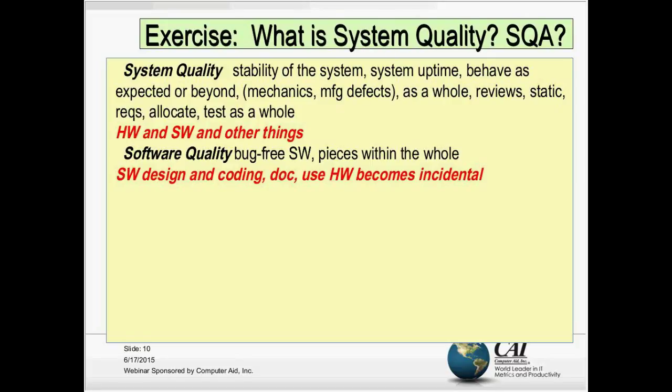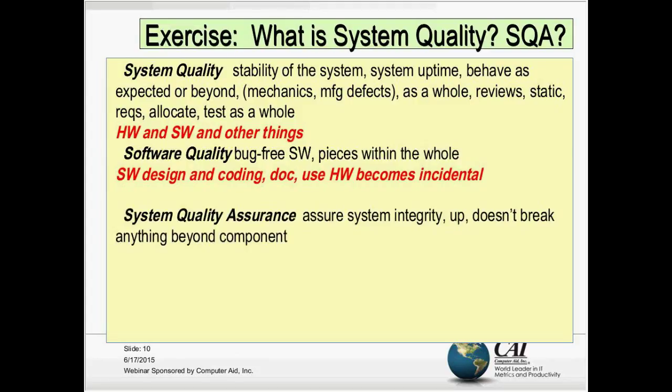Assurance, these were some of the definitions that people gave for that. And once again, system quality assurance is related to system integrity of hardware and software versus just software for software quality assurance.